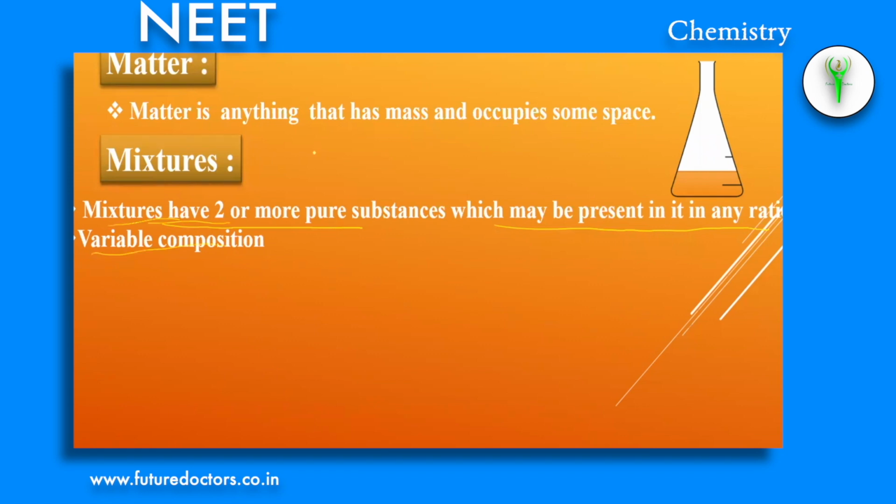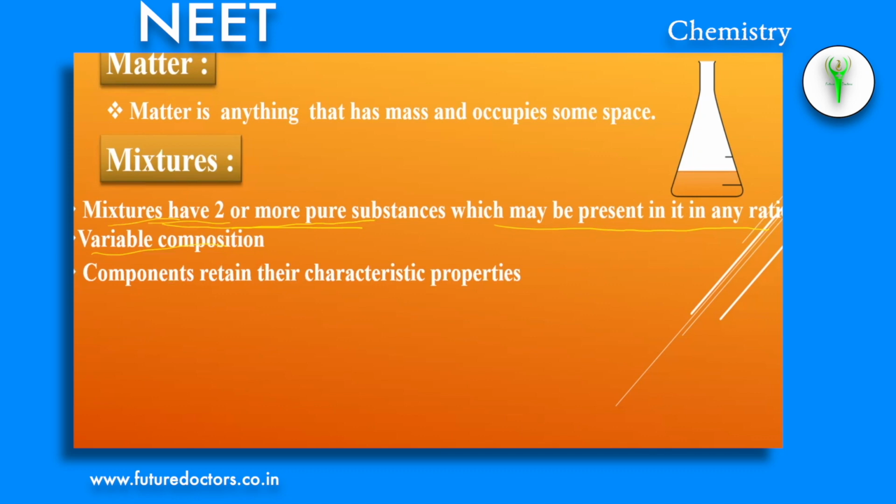If you take an example of a mixture, it contains groundnut and all other ingredients. It has two or more pure substances, which may be present in any ratio, so it has a variable composition. The components retain their characteristic properties.